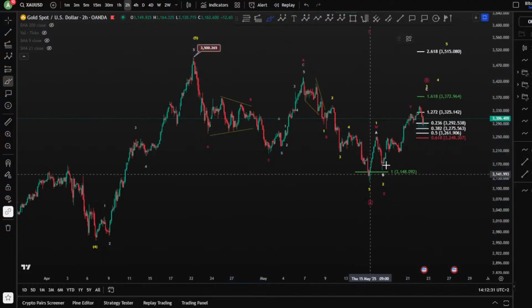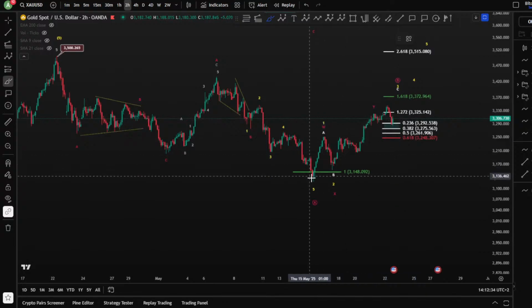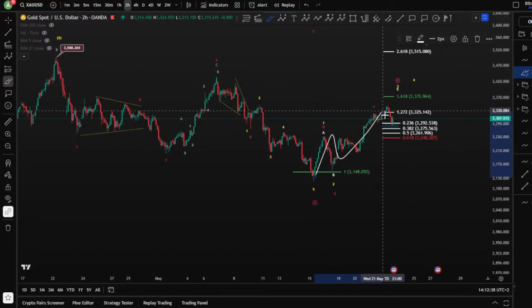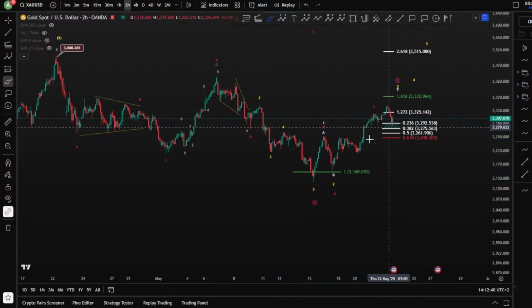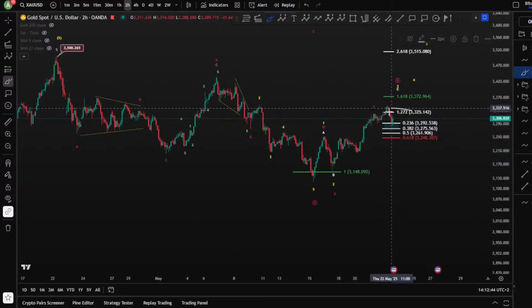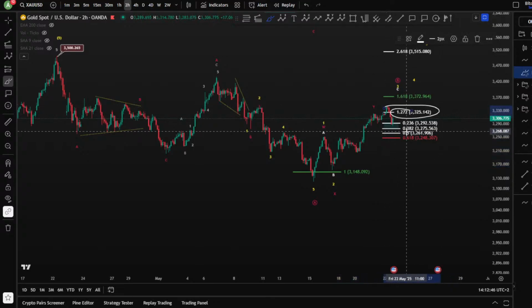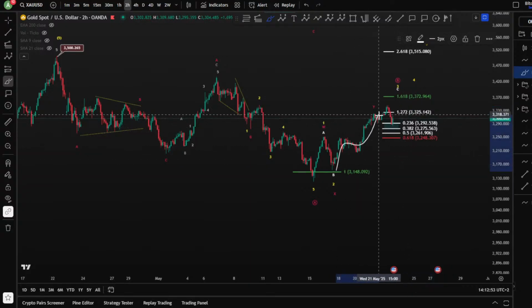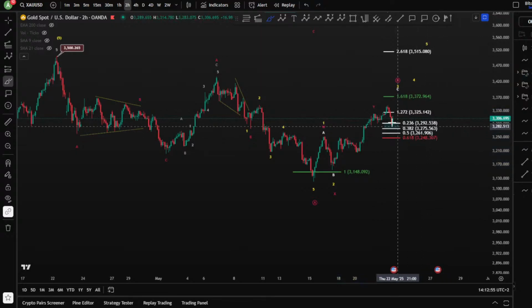Potentially, we're looking for a wave B. However, if this is a wave B, you would like to see 3 waves up. It should be finished. Yeah, 1, 2, 3, 4, and a 5. Now we hit the 1.27, which is a target for wave 3.